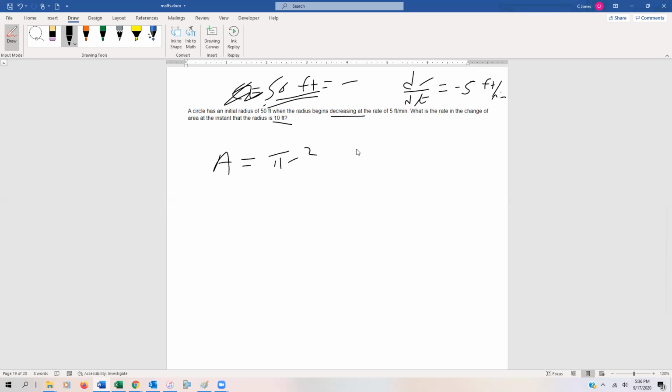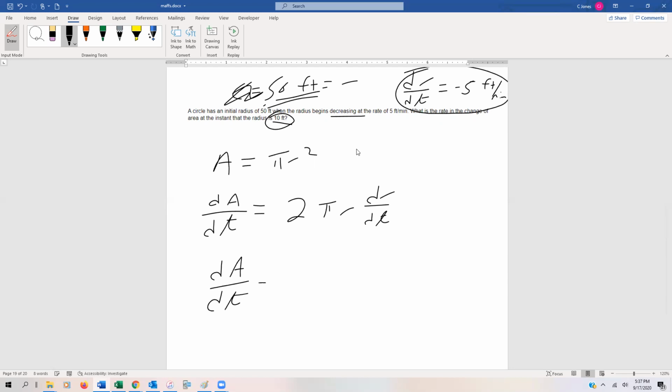We take the derivative, which we've already done, of both sides with respect to time, so dA/dt is 2 pi r dr/dt. We know dr/dt is negative 5, and we know that the radius is 10. So this is pretty straightforward. dA/dt is equal to 2 times pi times 10 feet times dr/dt, which is negative 5 feet per minute.